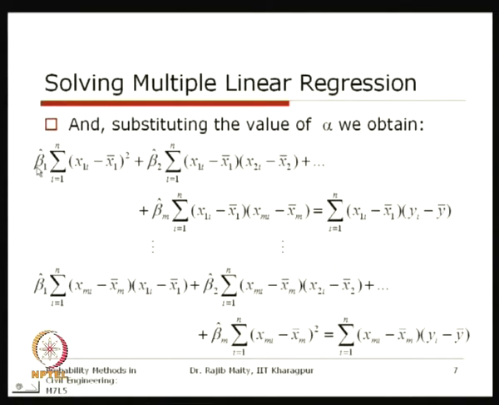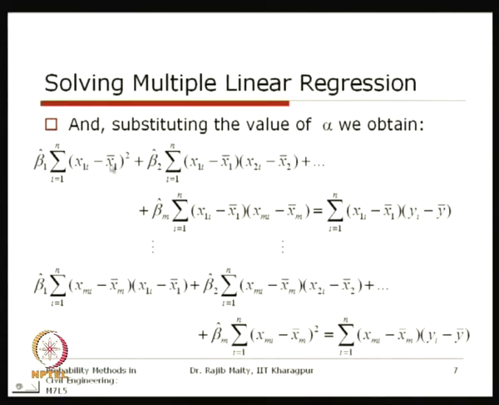There is beta 1 hat, the estimate of beta 1, multiplied by the summation of (x1 i minus x1 bar) whole square, plus beta 2 hat times (x1 i minus x1 bar) into (x2 i minus x2 bar), and so on up to beta m, which equals the summation of (x1 i minus x1 bar) multiplied by (y i minus y bar), over all n observations.